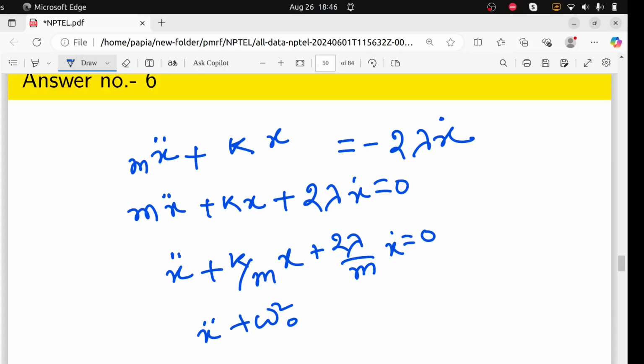In the presence of damping, the energy also decreases.